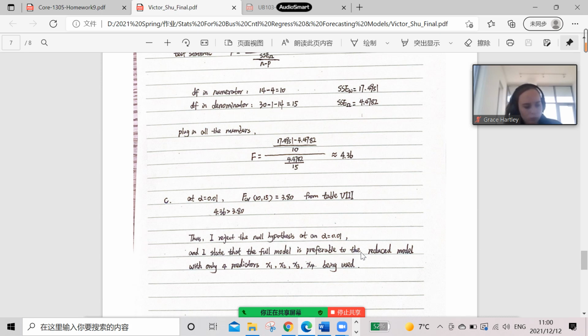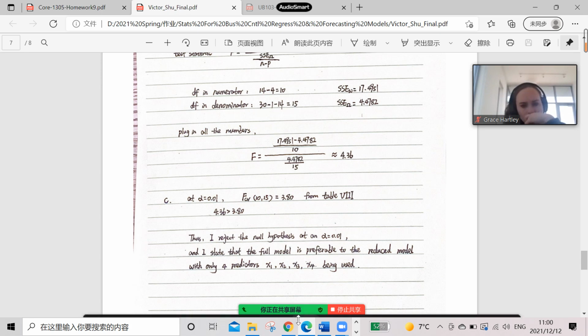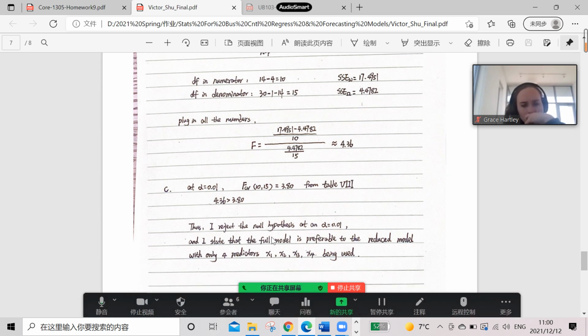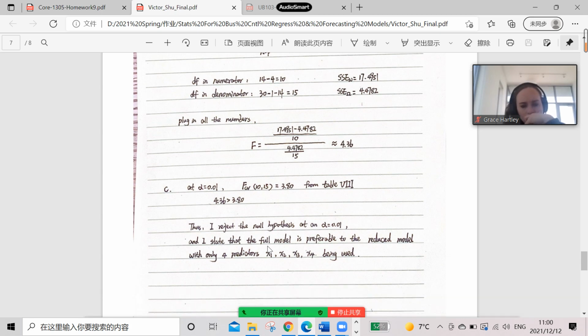My objective was stating that my previous model is too complicated with 14 predictors, and maybe 4 predictors is enough, a better way to run this regression model. But I reject the null hypothesis. So that means the full model, which has 14 predictors, is preferable to the reduced model with 4 predictors.